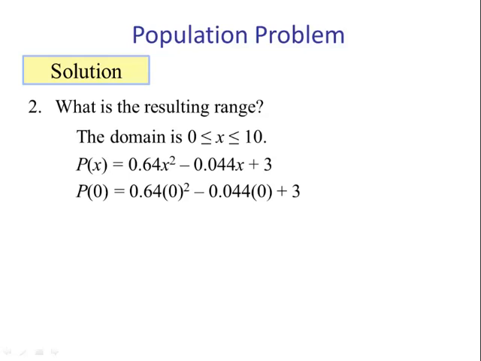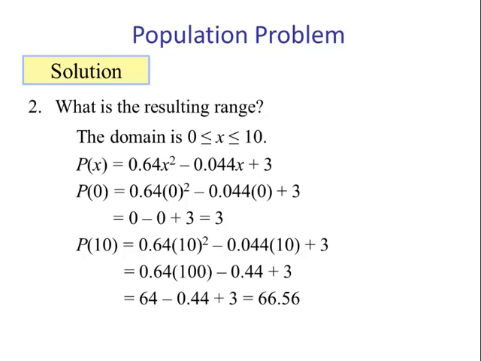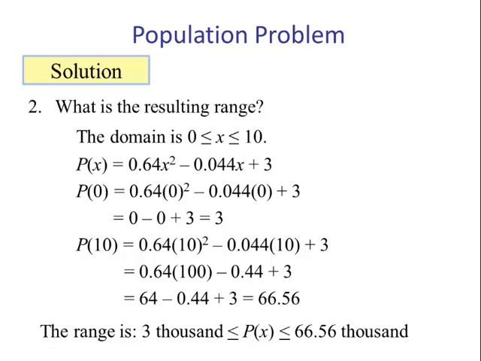So P of 0, we substitute 0 in for x and follow the order of operations, and we get a value of 3. P of 10 turns out to be 66.56. So we say the range is between 3,000 and 66.56 thousand.